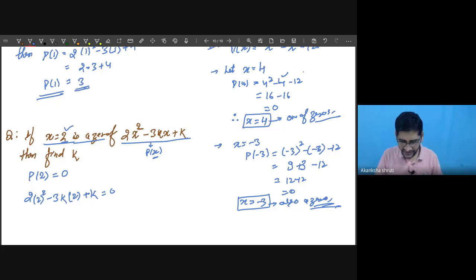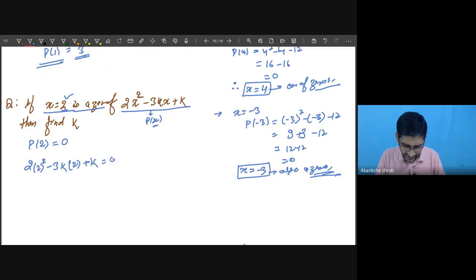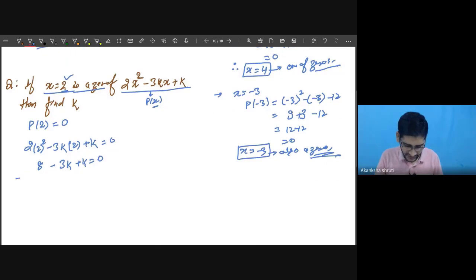Now the entire equation gets converted in terms of k. So it becomes 2 times 4 is 8, minus 3 times 2 is 6k, plus k is equal to 0. For this you people already know: club all the k and keep it on one side. So it becomes 8 minus 6k plus k, which is minus 5k, equal to 0.